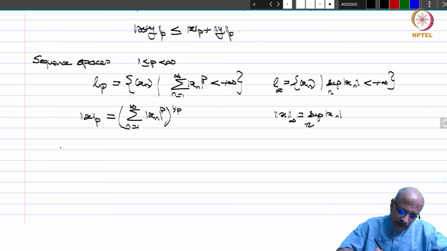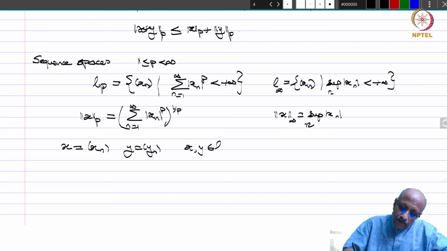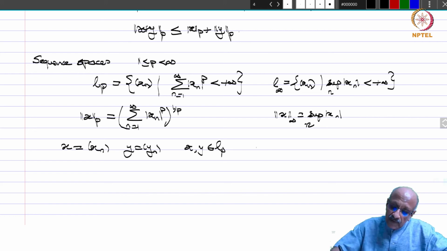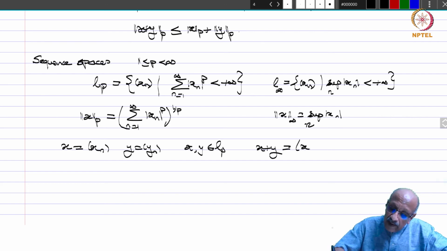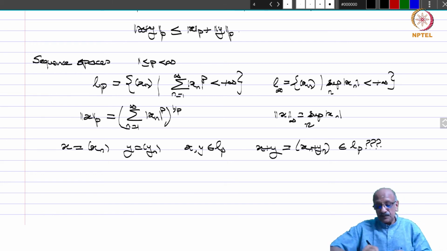Let us take x equals (x_n), y equals (y_n), both in ℓ^p. The question is whether x plus y, the sequence got by component-wise addition, that is the sequence x_n plus y_n, belongs to ℓ^p. This is the question which we need to address.